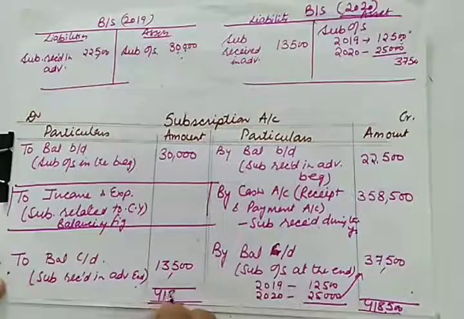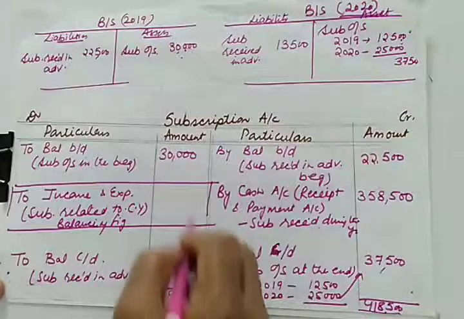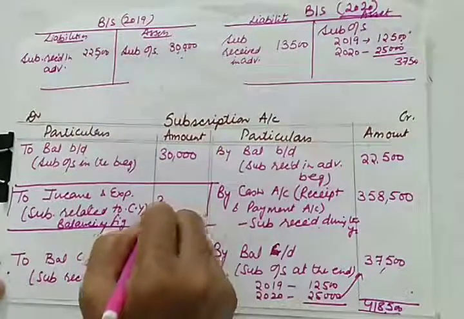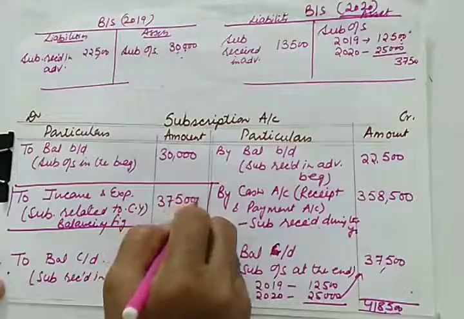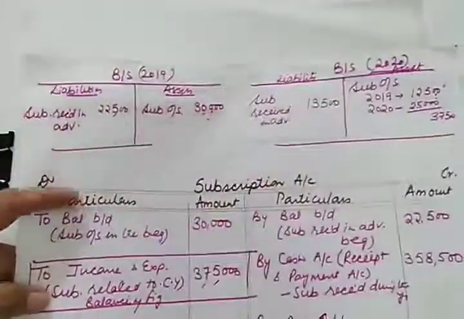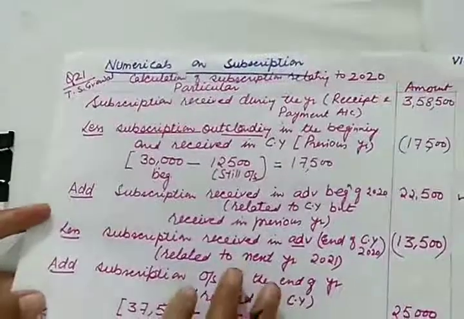Likewise, we'll be writing 418,500 and the missing figure will be from 4,18,500 we'll be deducting 43,500. So this will give you 3,75,000. So if you go by this statement form or if you go by this ledger form, you will get the same answer. So I hope both the treatments of subscription must be clear to you.